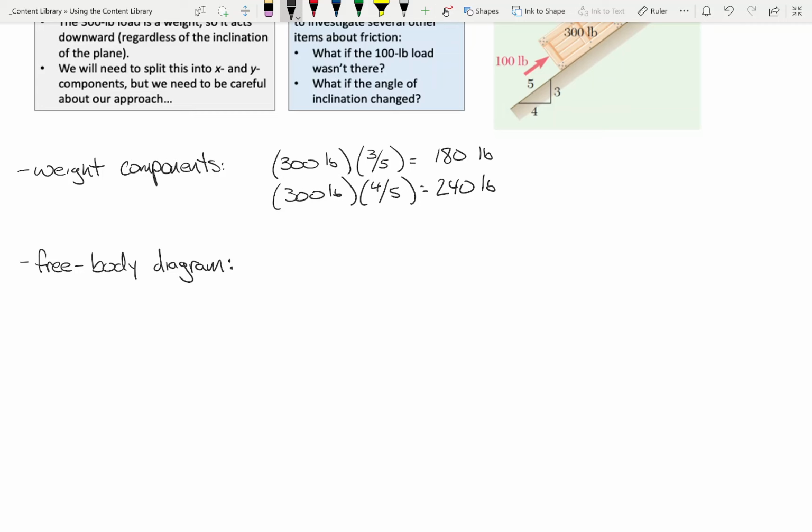All right, so let's put our ramp here. Okay, and let's recognize that, again, that was a 3, 4. Okay, and I'm going to put sort of a shadow of where the box was.